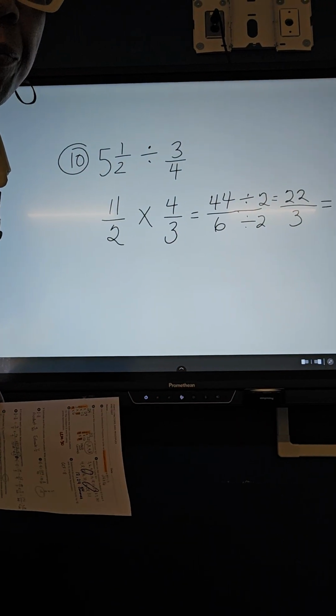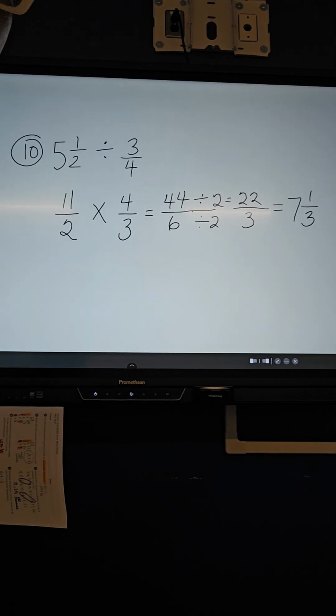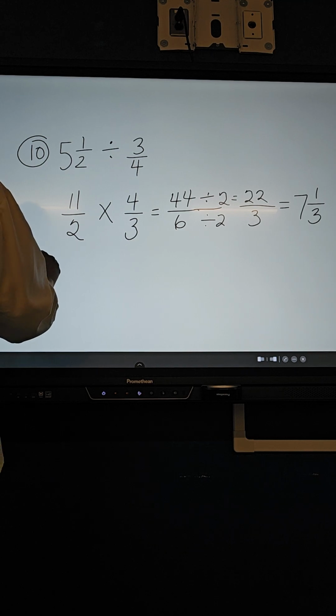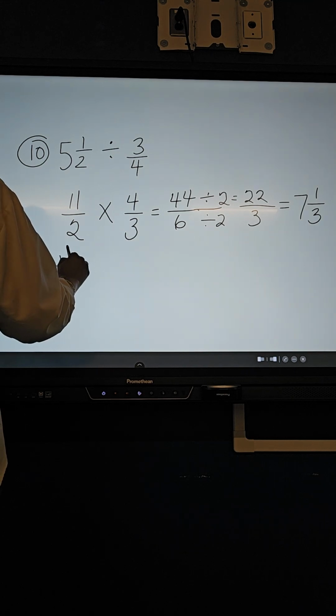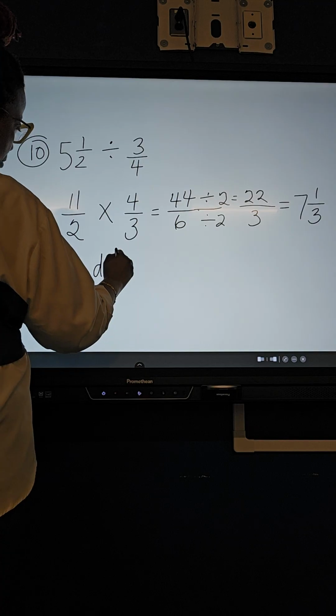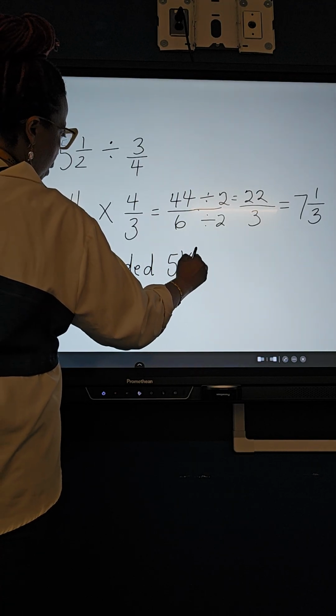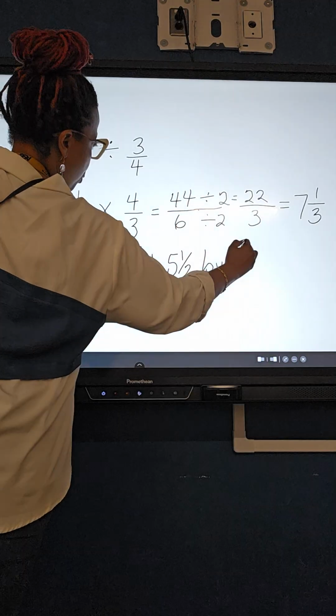Okay, that is your answer, 7. Can you see it? And 1/3, okay? It also asks, this is key, if you don't do the written part, you're gonna get points taken. It says, then write a sentence to describe your answer. You can start with repeating the question. How many pieces can she cut from the wood? Kirsten divided 5.5 by 3/4.